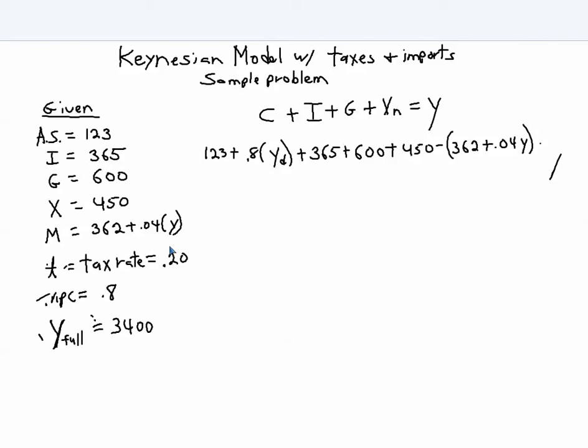So using my calculator, 123 plus 365 plus 600 plus 450 minus 362, I get 1176 plus 0.8 times YD minus 0.04 times Y equals Y. So let me check my work one more time.